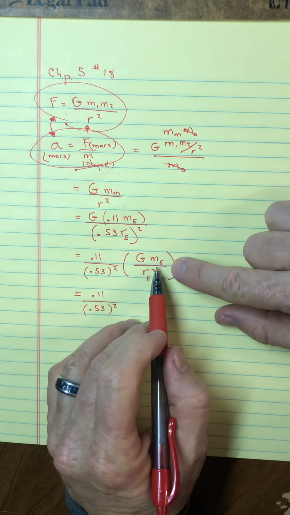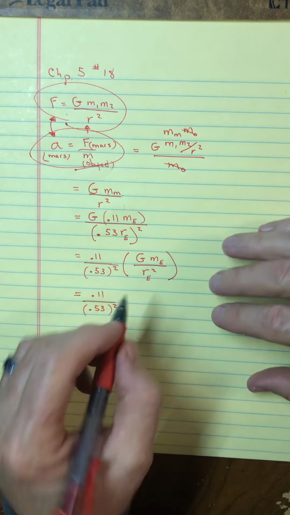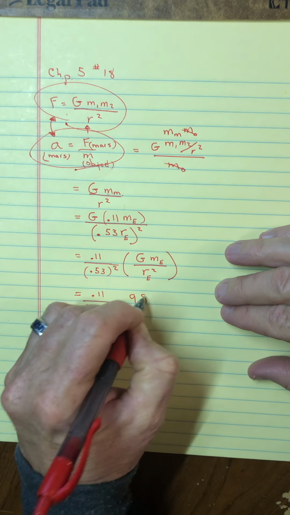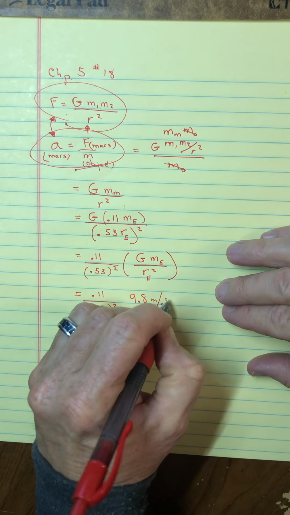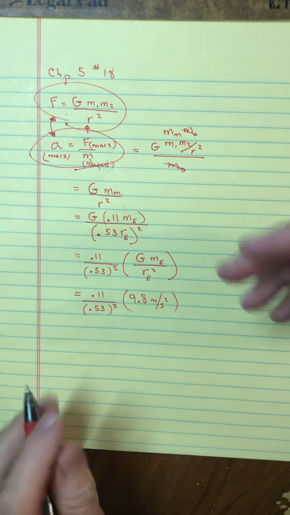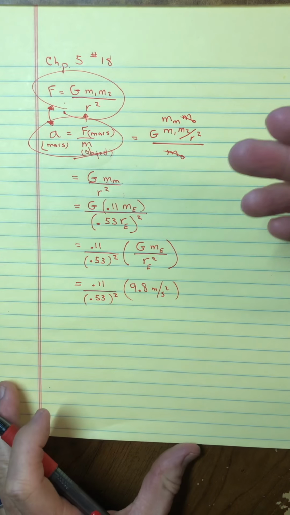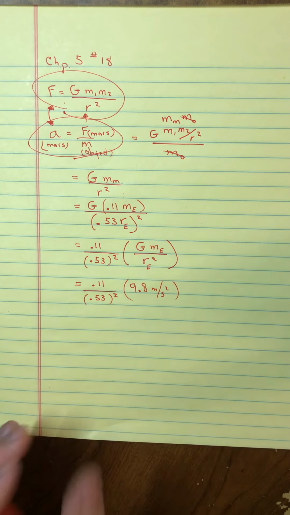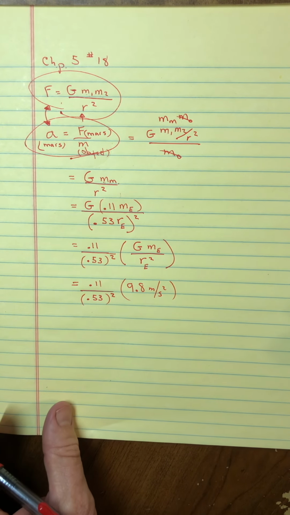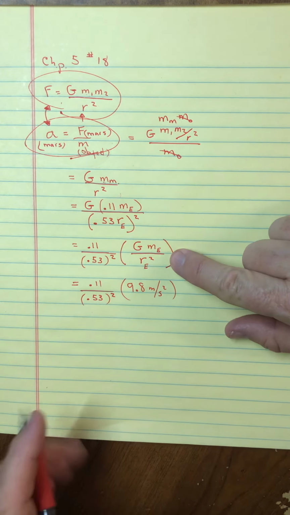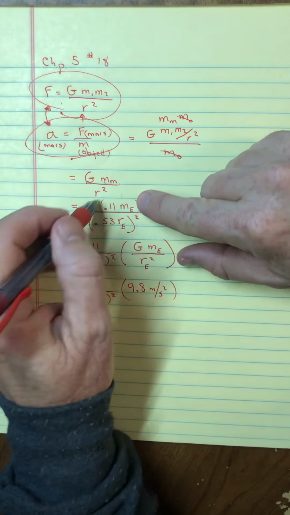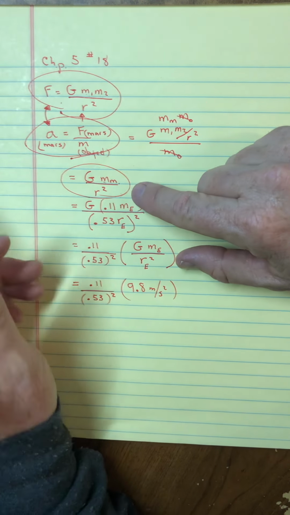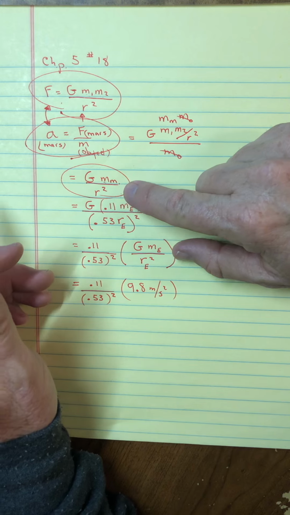So I'm not even going to bother to look up the mass of the Earth or the radius of the Earth. I just know that the acceleration of something on Earth is 9.8, or if you want to just round it to 10, that's fine. But I think that's what the author really wanted you to do, not really look these up. Because if that was the case, he probably would have just left it alone and said, look, go ahead and look up the mass of Mars and the radius of Mars.